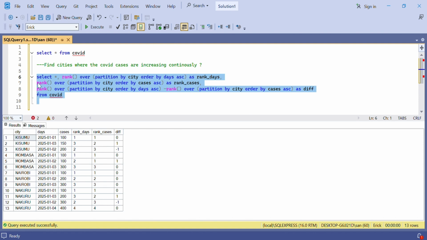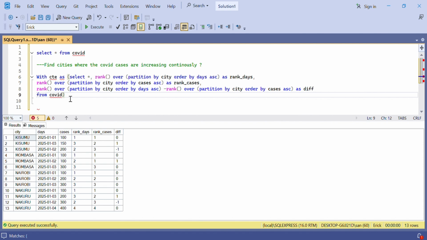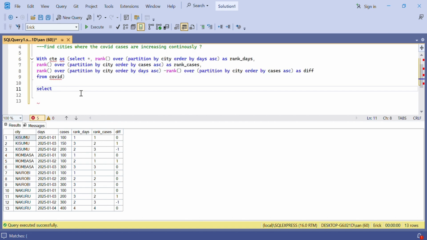We can use a CTE: we say with CTE as, select, and then we put another bracket here, and then we write select city from our CTE table, then group by city.